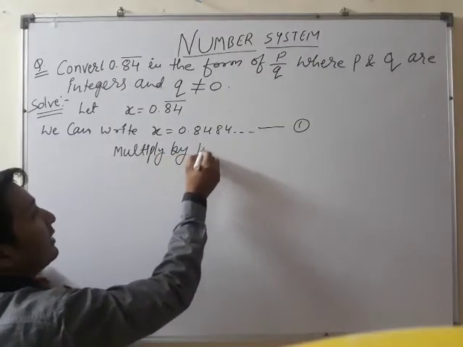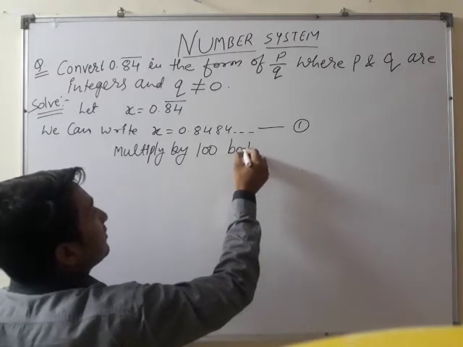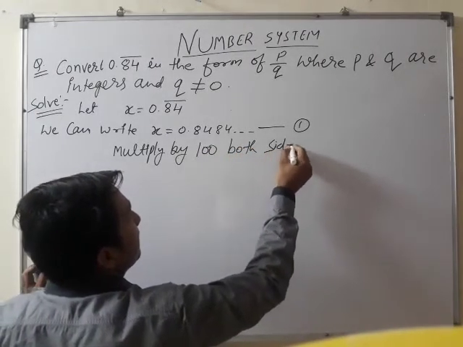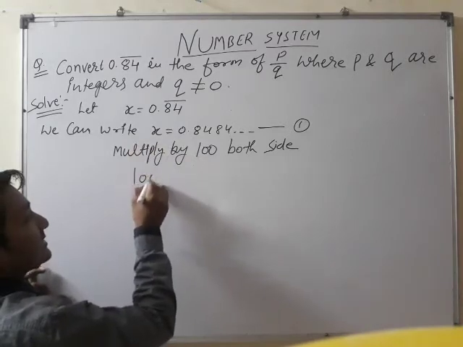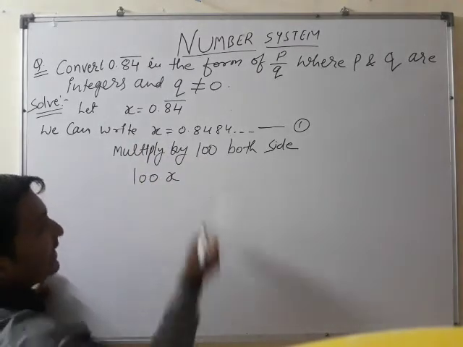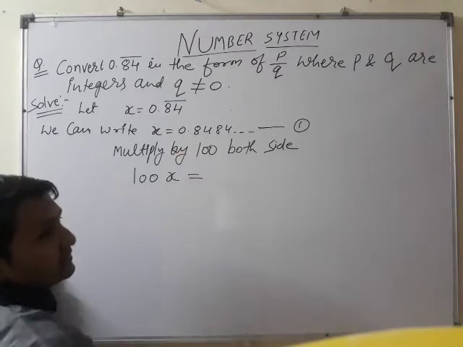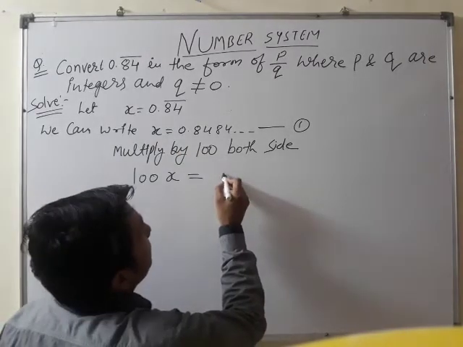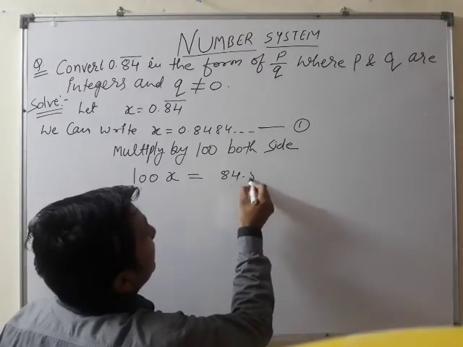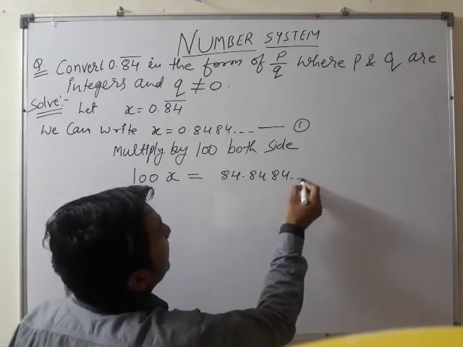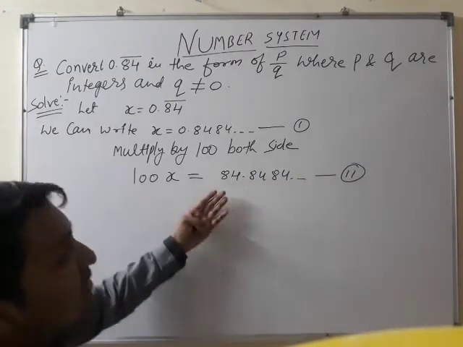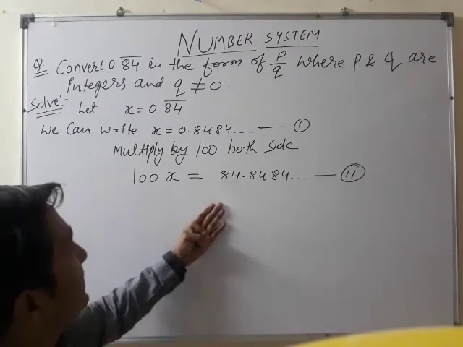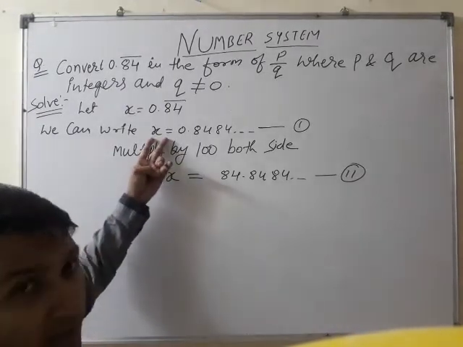When you multiply 100 with x, it will be 100x. When you multiply 100 with this number, it will be 84.8484 and so on. This will be your equation number 2, and this is equation number 1.